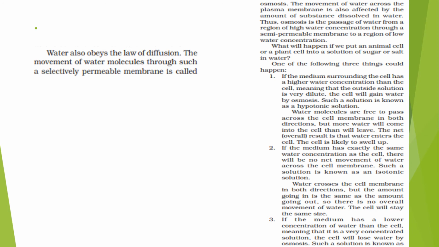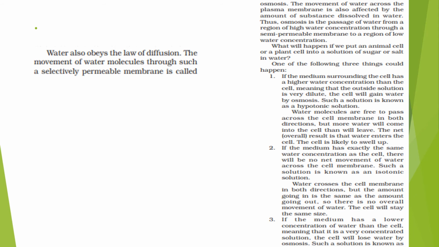Now, I want to give you three definitions: three different types of solution, hypotonic solution, isotonic solution, and hypertonic solution. If the medium surrounding the cell has a higher water concentration than the cell, meaning that the outside solution is very dilute, the cell will gain water by osmosis.